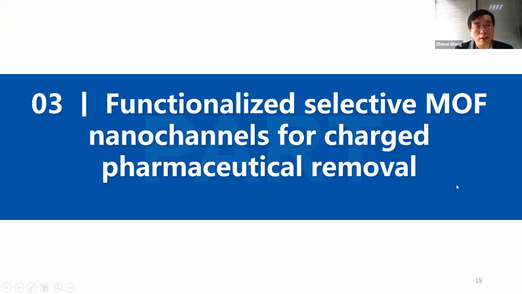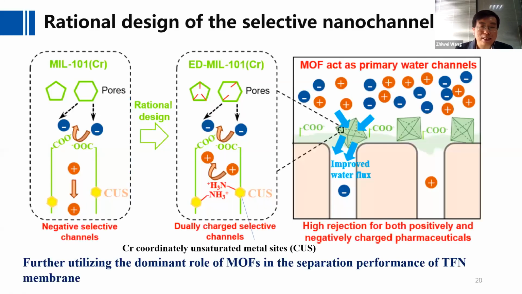So the second part, we want to further modify the selective MOF nanochannels for charged pharmaceutical removal. As I mentioned earlier, the MOF particles have a kind of nanochannels. On the outside, it has abundant carboxyl groups, so it will be negatively charged at neutral pH conditions.